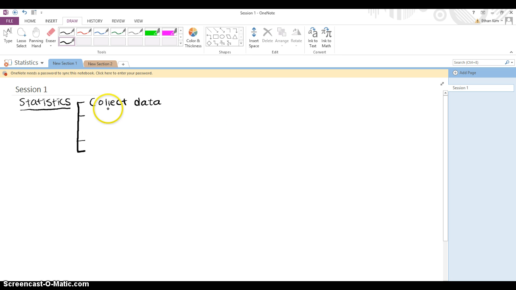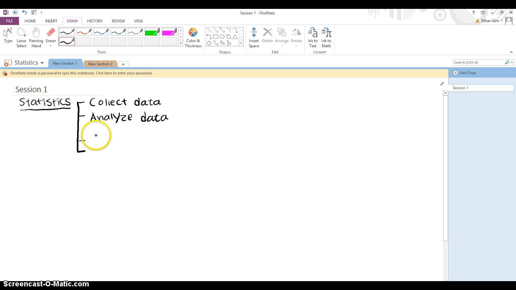And also we analyze data. Okay, so if you have certain information and if you don't analyze it, meaning if you don't understand what's going on, then it doesn't make any sense, right? So that's the first two parts of it, right?